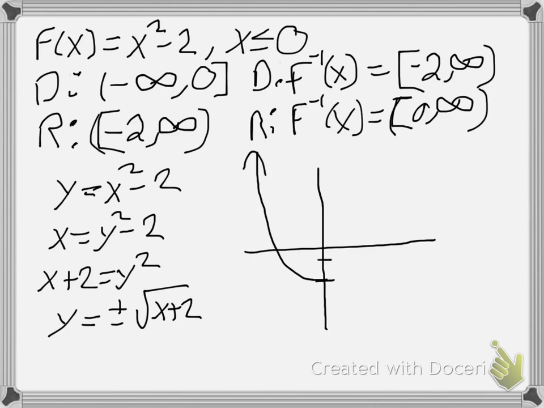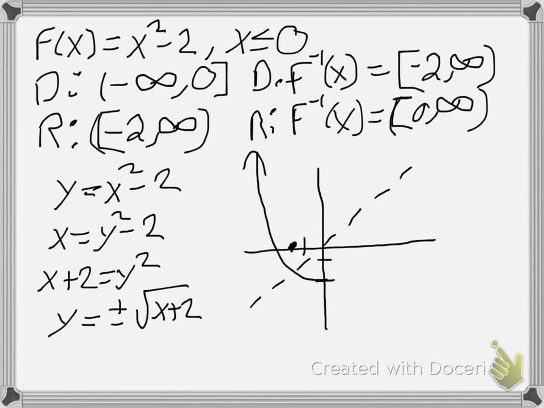Remember, I am going over the y equals x line. So, if I put in negative 2, what do I get? I get 0, so I would have a point at negative 2, 0.